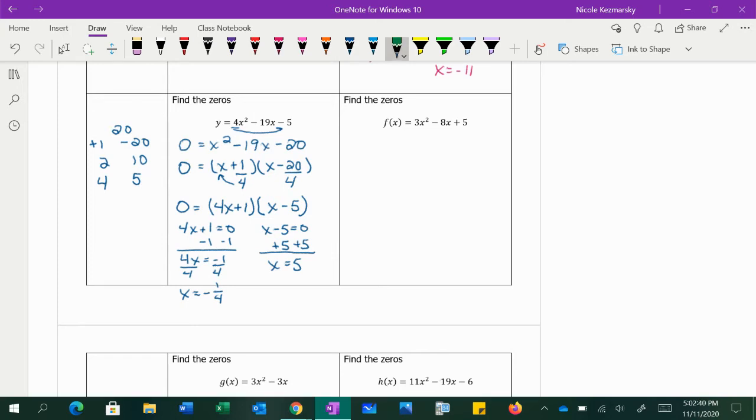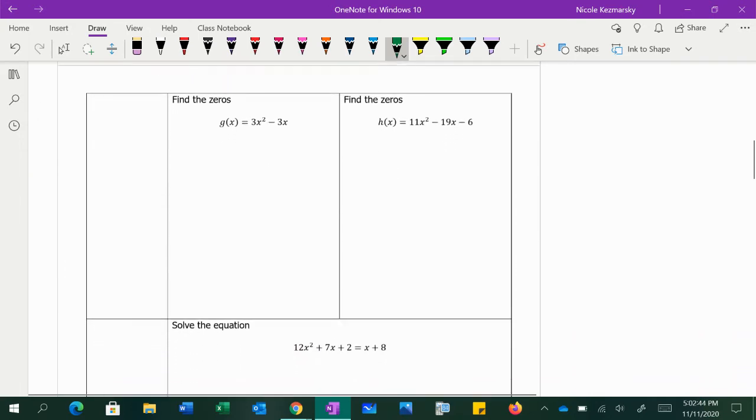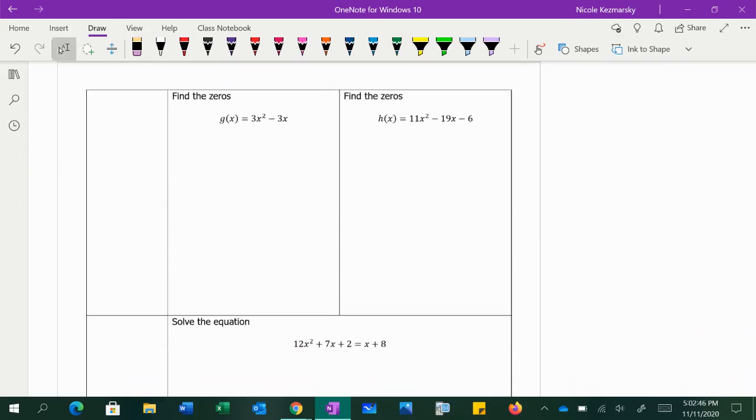The next problem that I want to do is the one on the left here. G of x equals 3x squared minus 3x. This is very similar to the one that we did a couple of examples ago with the 11 in it, because I'm looking for a GCF. So 3x squared and 3x are both divisible by 3.